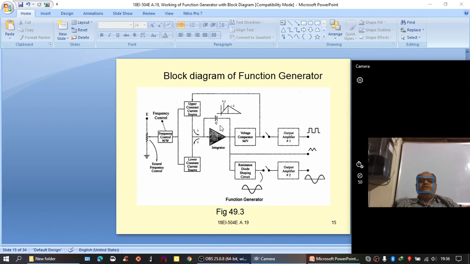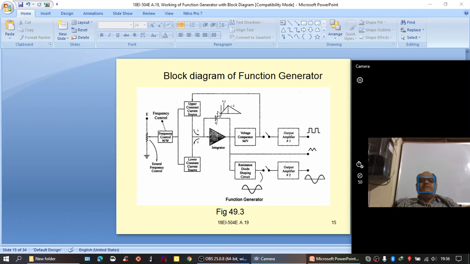Now let us suppose that initially the voltage on the capacitor is 0. When the voltage on the capacitor is 0 and the power supply is turned on, the upper current source will provide current to flow through the capacitor. So current flows from left to right in the diagram through the capacitor.